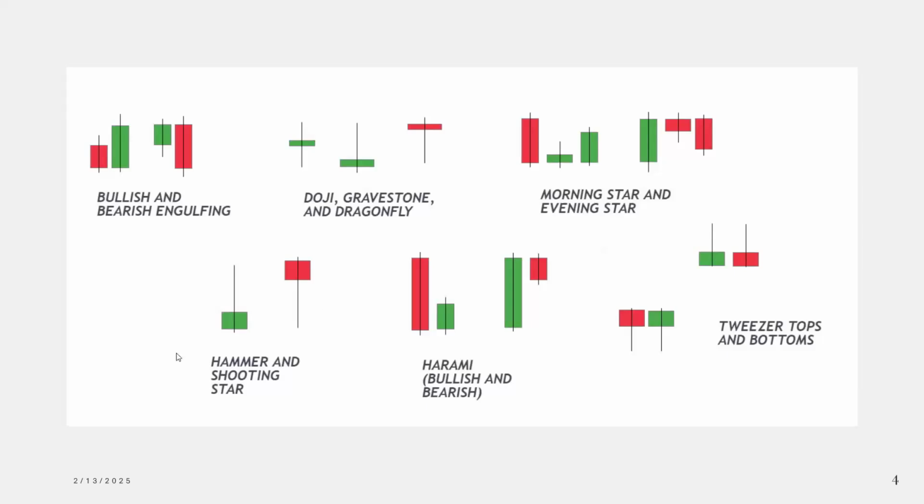Okay, so the hammer and shooting star just show price rejection, similar to this one. Let's say that the market is buying. The market gets to your trend line or your support and resistance zone for a sell.